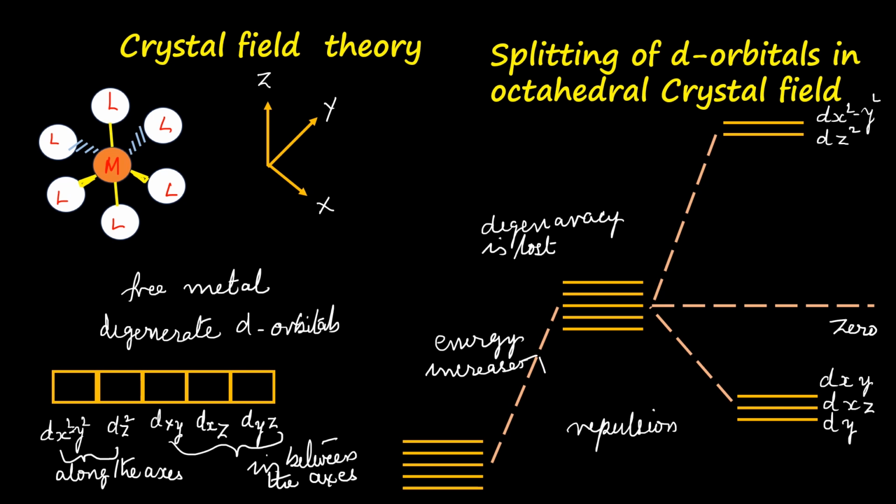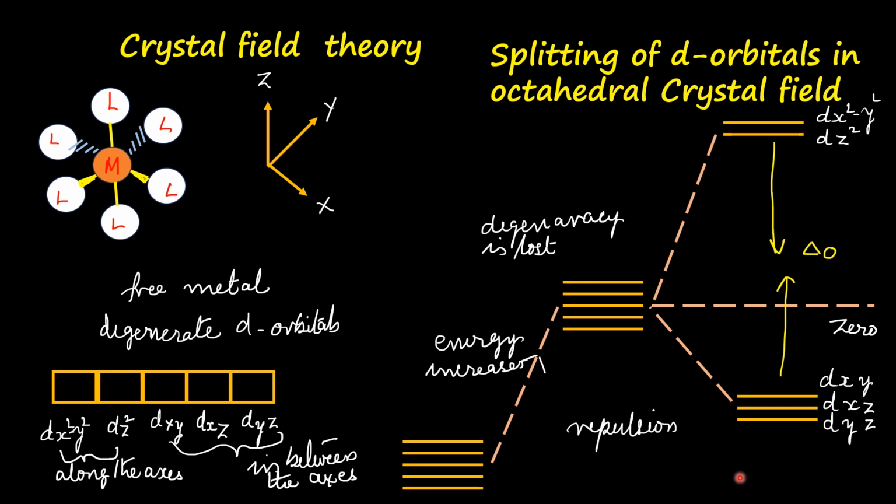They have less energy. They are energetically at a lower level. This separation of energy between the two sets of orbitals is called crystal field splitting energy, denoted by the symbol delta O, O for octahedral.